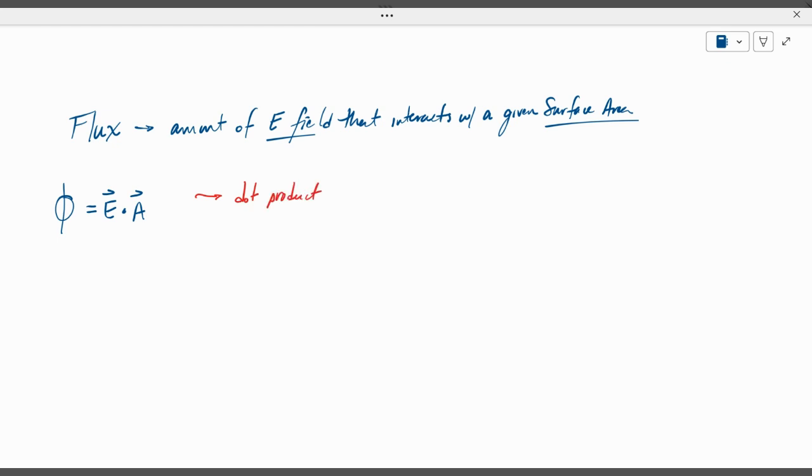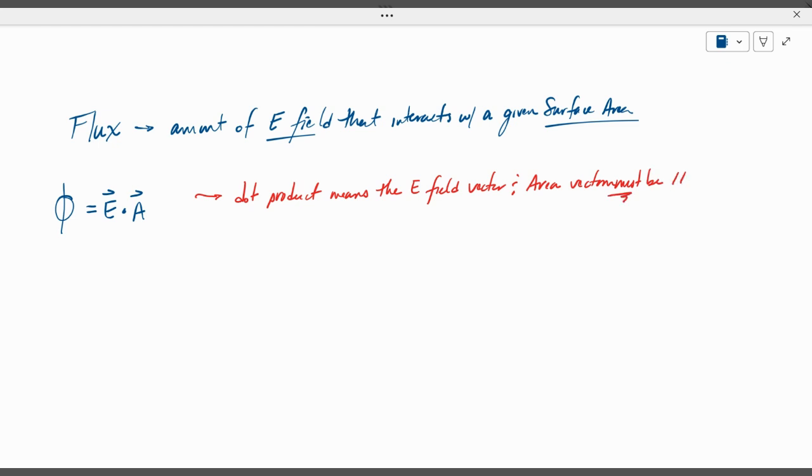So it's a dot product. That means the electric field vector and the area vector must be parallel to each other.